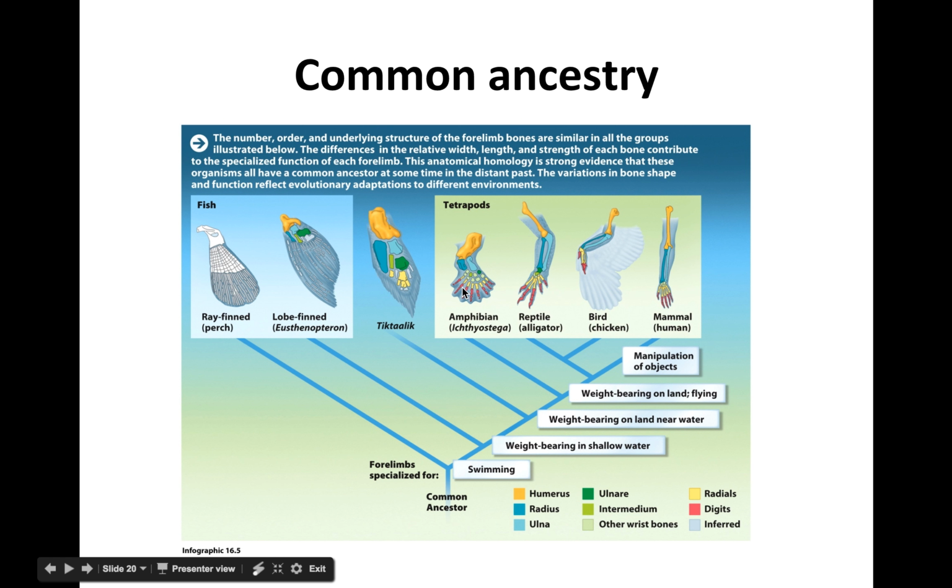Then you have amphibians, you have reptiles, you have birds, and then you have us, which are mammals. Here are all the different colors, which represent the different types of bones. And as you can see, they share similarities across evolutionary history. This means that we all came from a common ancestor because of descent with modification.